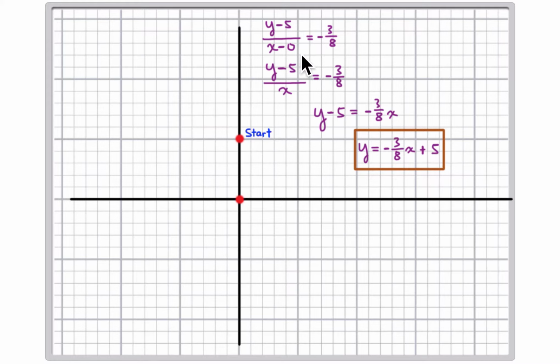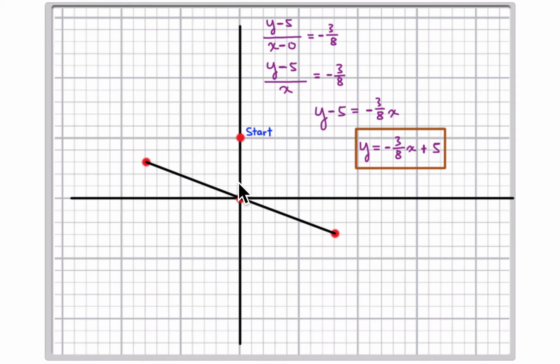All right, so how can I visualize what's going on as I write this out? Well, I'm going to move the starting point where we started to move along the line. This is the equation for that line. So the first thing we're going to do is move this to 0, move it to the origin.